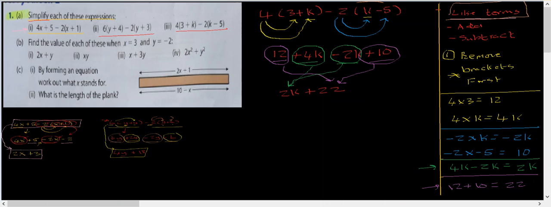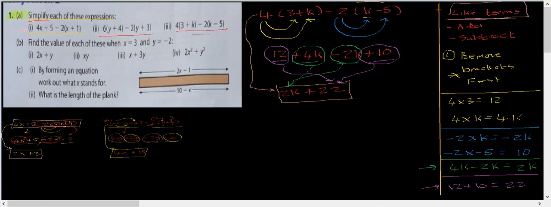Ultimately, we've taken this expression and simplified it. So this is our answer: 2k plus 22. That's it, simplified. That's the first question that we've been asked to do. When you're asked to simplify an expression, that's what you have to do.